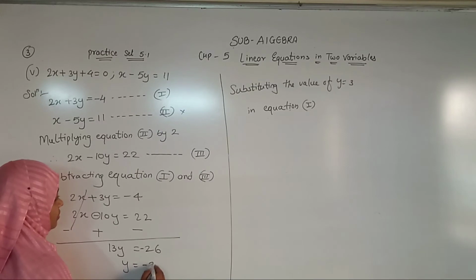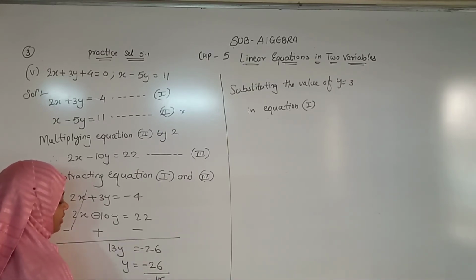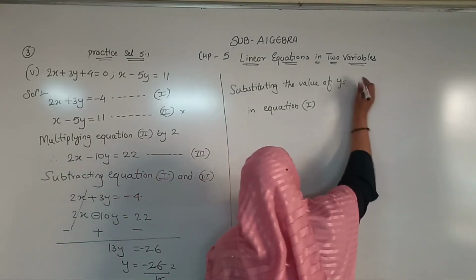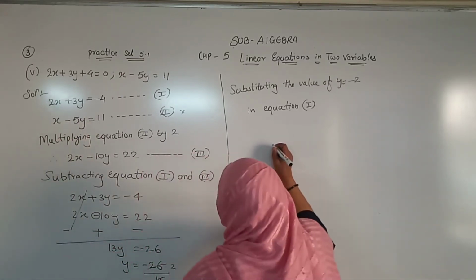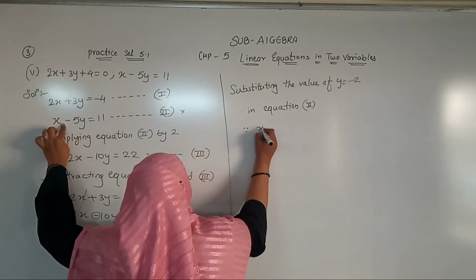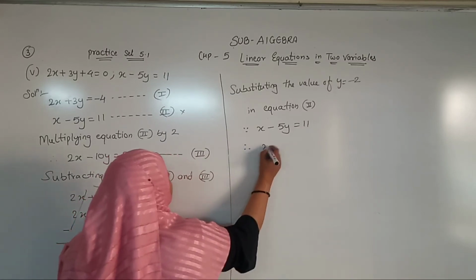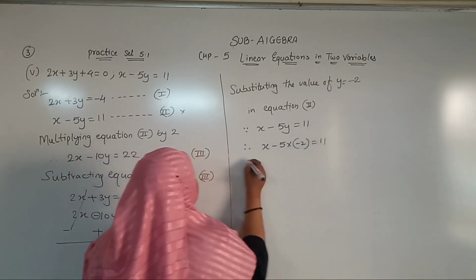So y is equal to minus 26 divided by 13. 13 ones are 13, 13 twos are 26. So the value of y is minus 2. Substituting the value of y equals minus 2 in equation number 2: x minus 5y equals 11. x minus 5 into minus 2 equals 11.